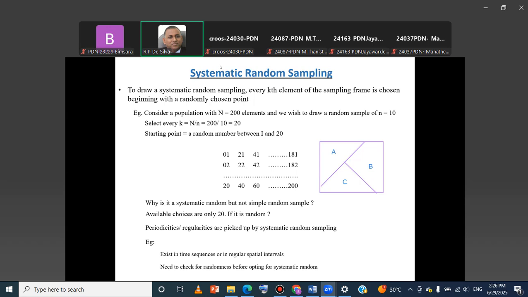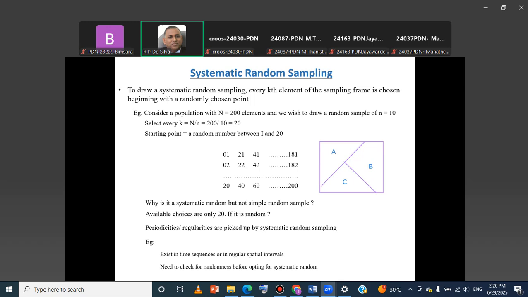Okay, anybody has an example where systematic random sampling gives you better results than random sampling? Right. Okay.